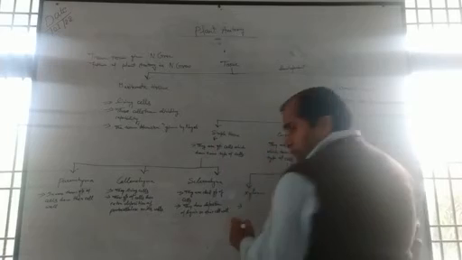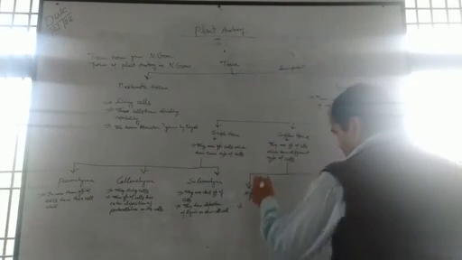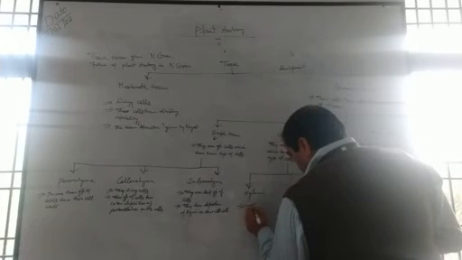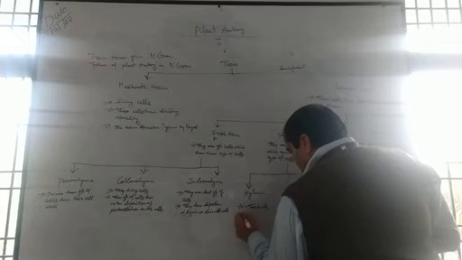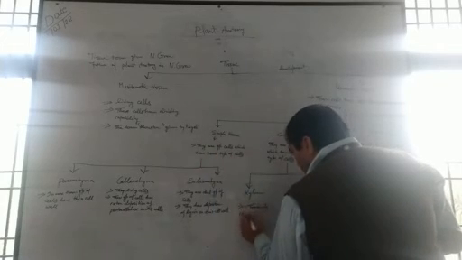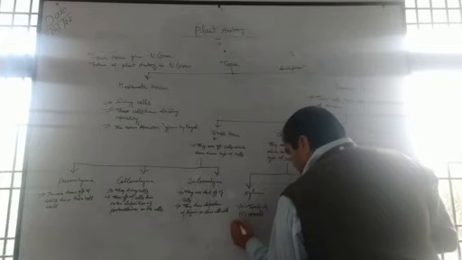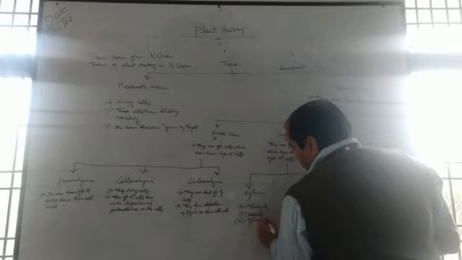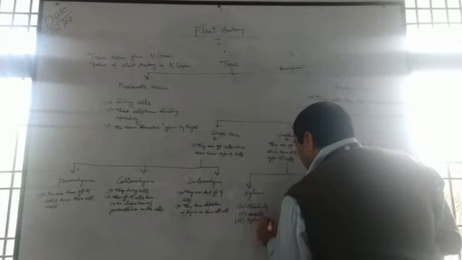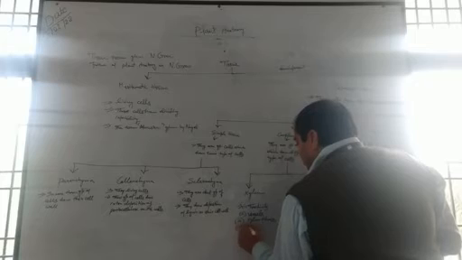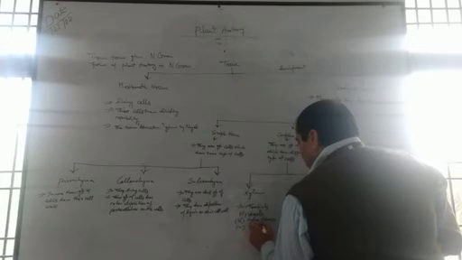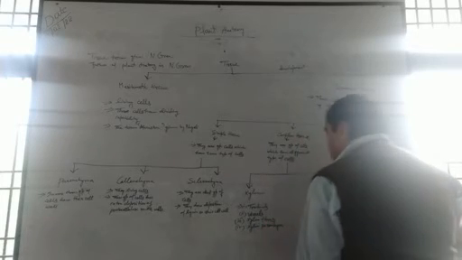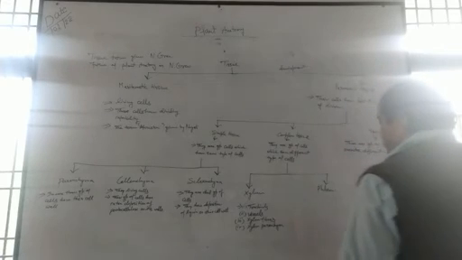Xylem is made up of four types of cells. Number one, tracheids. Number two, vessels. Number three, xylem fibers. And number four, xylem parenchyma. Same in the case of phloem. Phloem is made up of four types of cells.